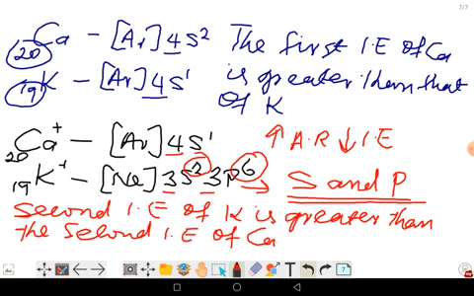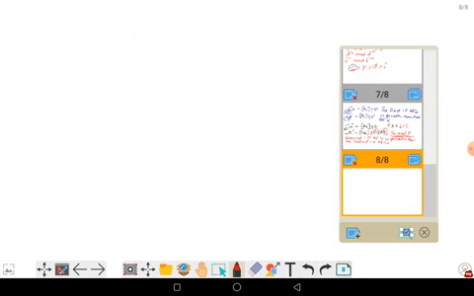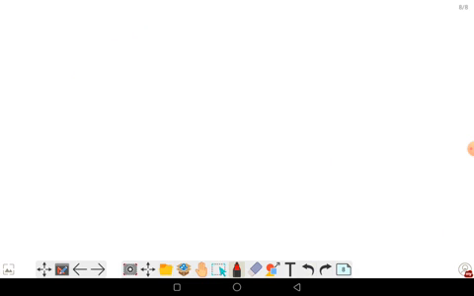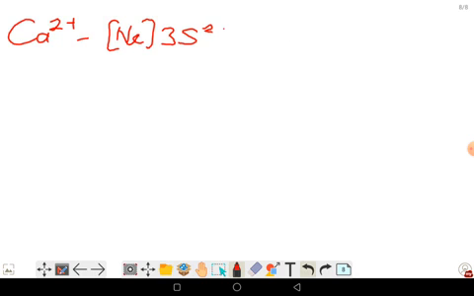Now let us go to the third IE. What happens when the third electron is about to be removed? The third IE is going to bear the configuration of the second IE. So now, the calcium ion, that is for the third IE, is going to be neon core, that is 18 this time around, neon core 3s2 and 3p6.